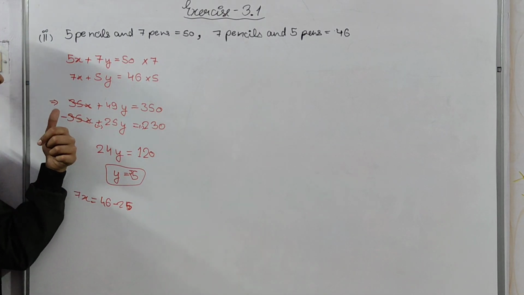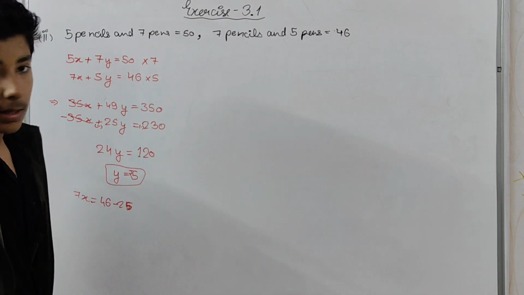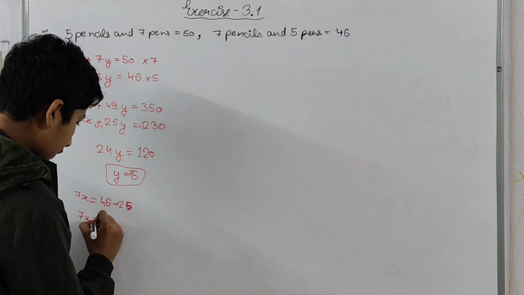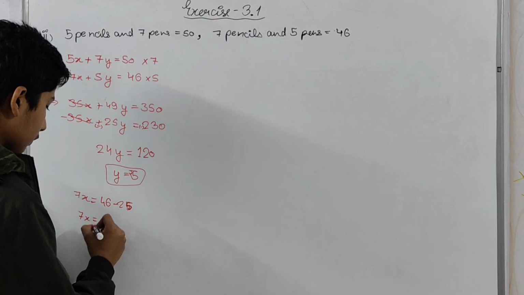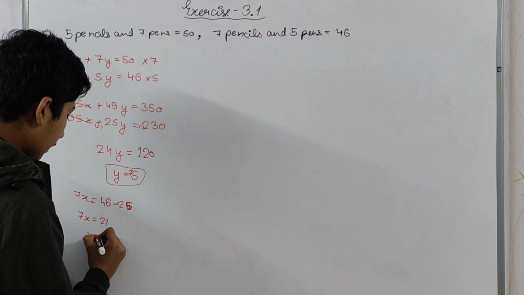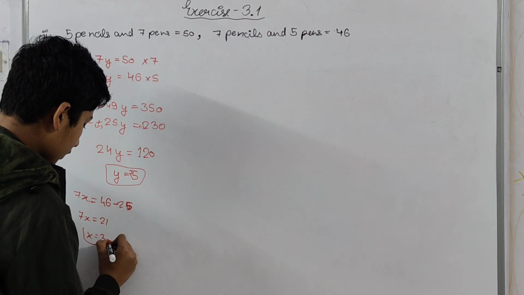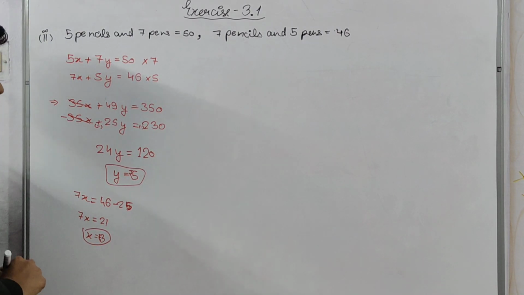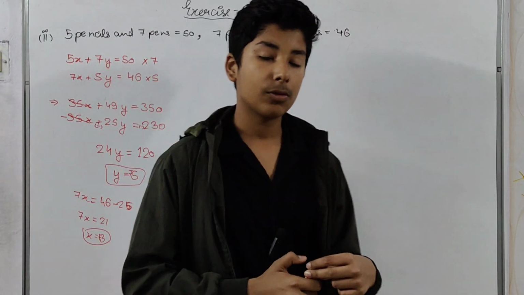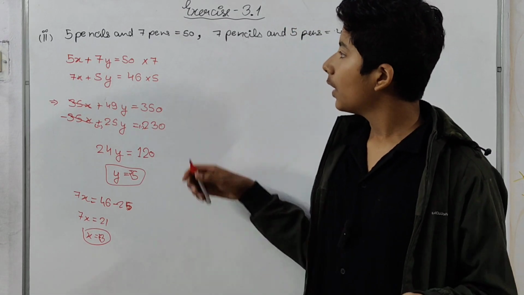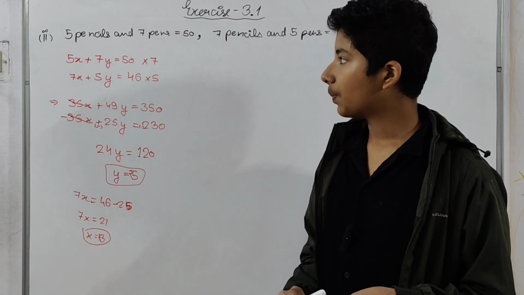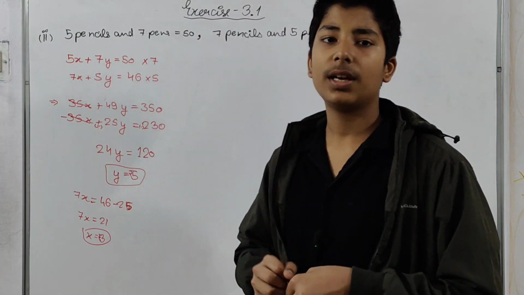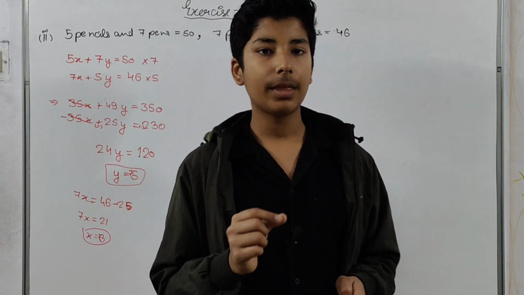Okay, 46 minus 25, so 7x equals 21. x equals 3. Okay, so in this question the cost of a pencil is 3 rupees and the cost of a pen is 5 rupees. I hope you understand. Now we'll continue with our second question.